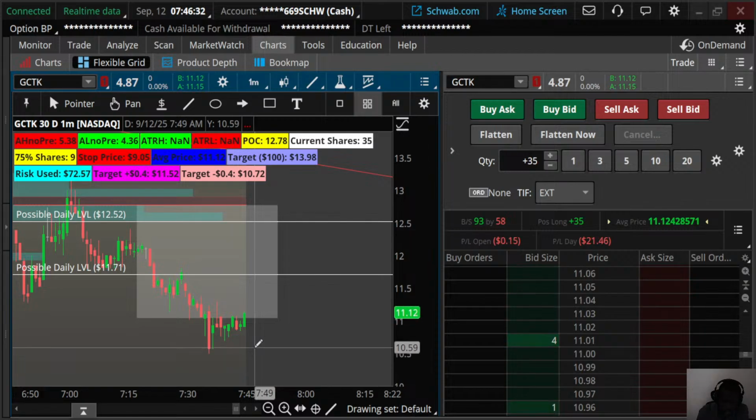Okay, getting up there a little bit. So 1112 is where I got in. 1171 will give me 50 cents in profit. So just watching, waiting. Can we start reclaiming this little zone here?